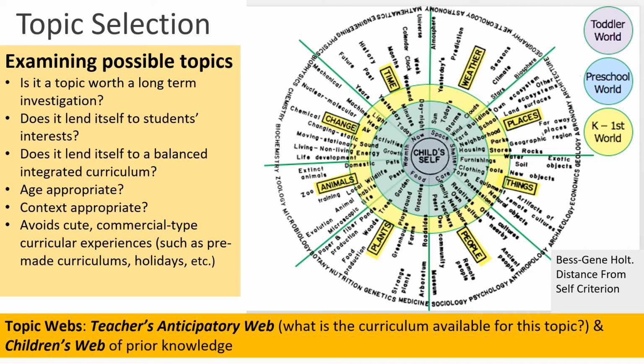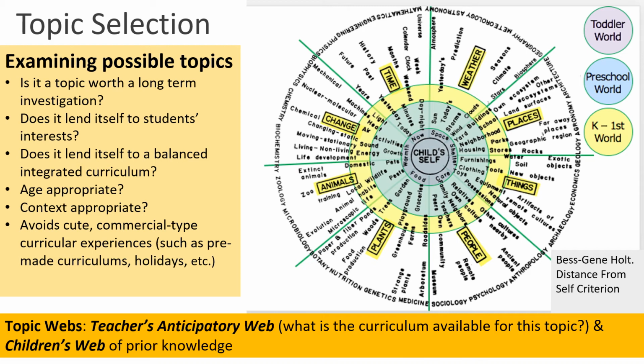Now I know better. So we're going to be narrower in our thinking with units, with thematic teaching, and with project topics. But all of the concepts that are written inside these little pizza pieces connect to time, change, animals, plants, people, things, places, weather, connect to those overarching categories.